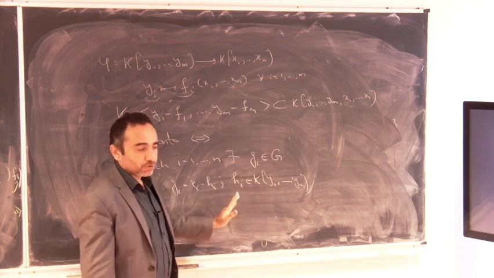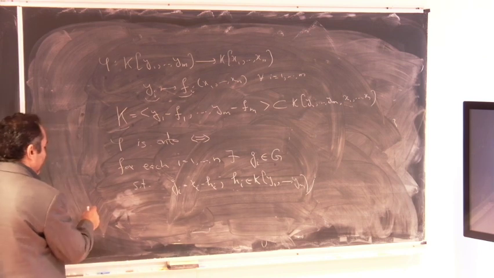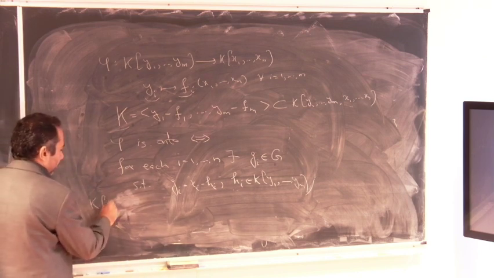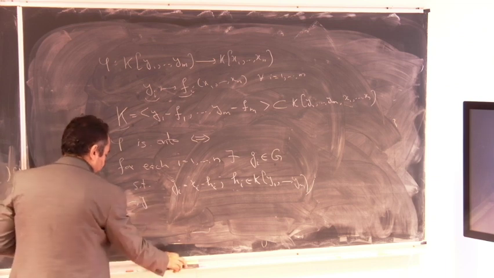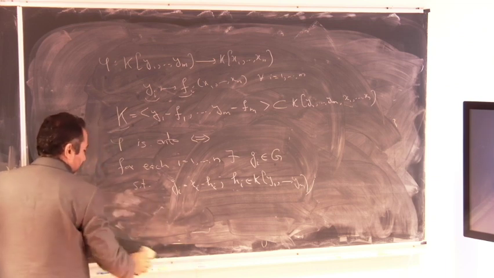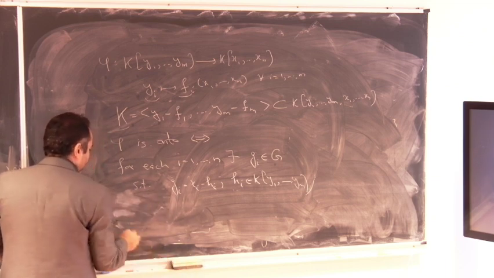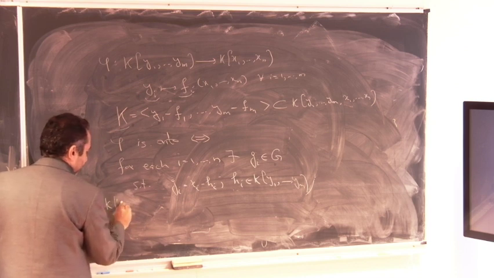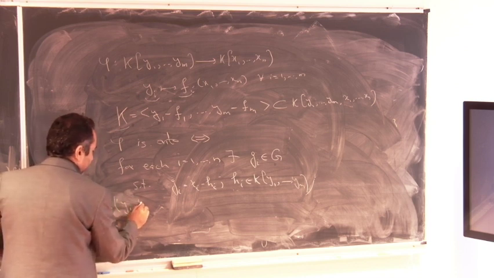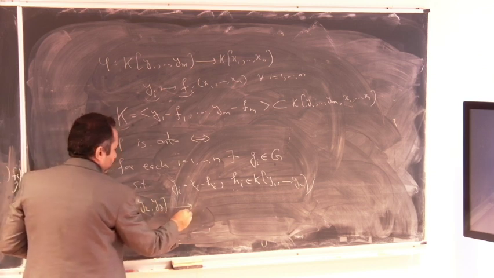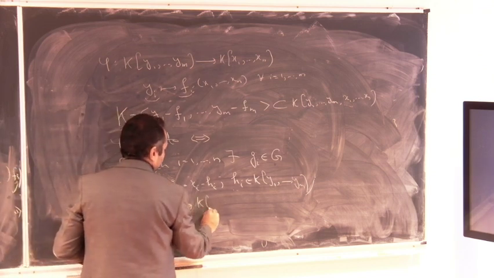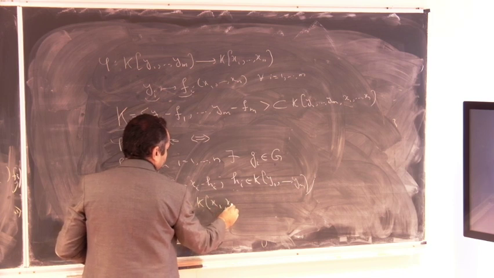So for example, say we have a map from k of y1, y2, y3 to k of x1, x2.